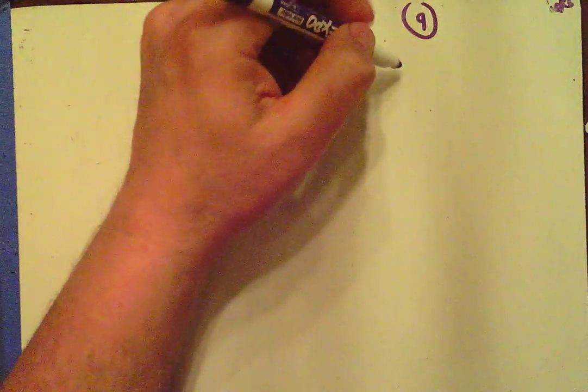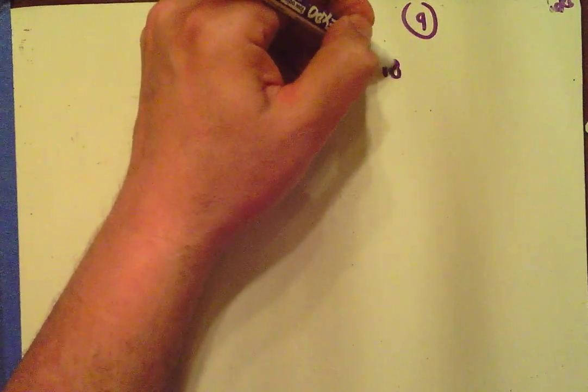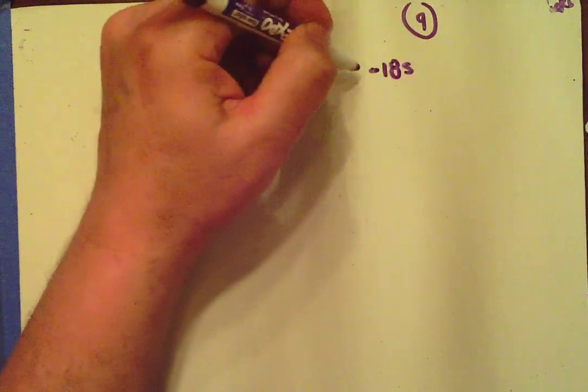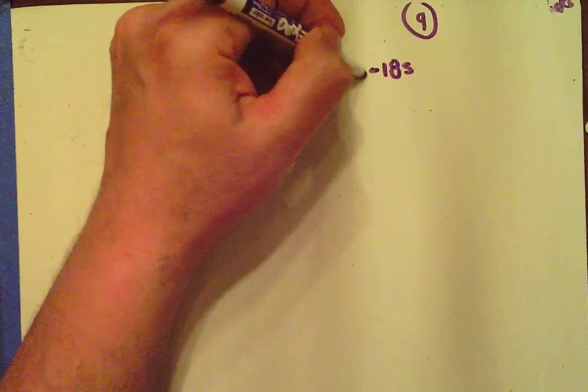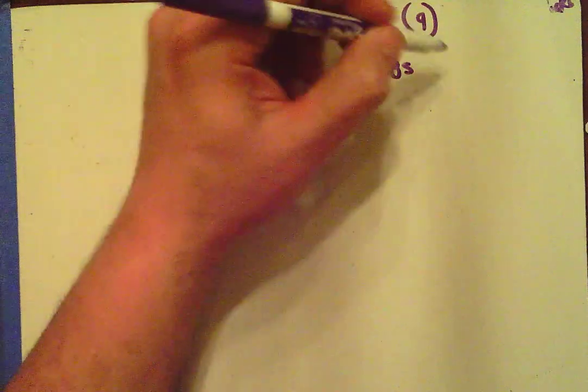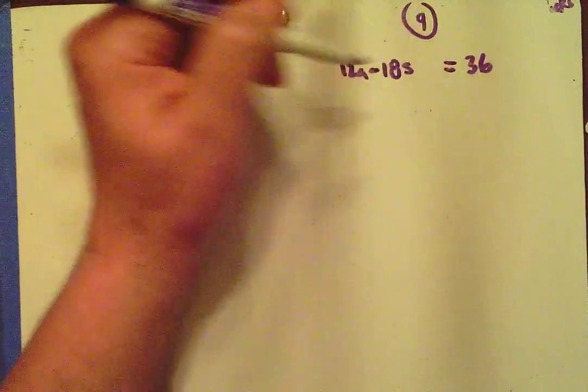Number 9. It costs A dollars for an adult ticket to a reggae concert and S dollars for a student ticket. The difference between the costs of 12 adult tickets and 18 student tickets is 36. Well, 18 student tickets and 12 adult tickets is 36.